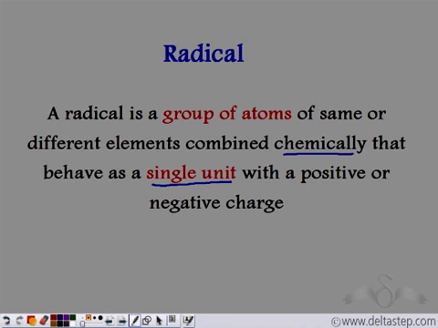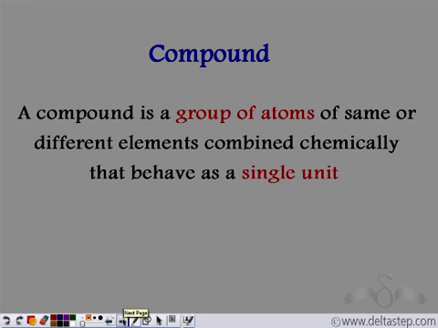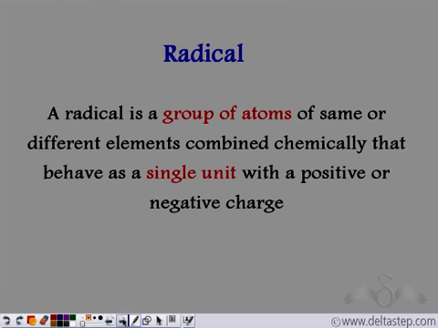Now, something like this sounds a little familiar. Where have we heard this before? A compound. A compound is again a group of atoms of the same or different elements combined together, and they also act as a single unit. So what's the difference between a radical and a compound? Well, in radicals, you saw that there was a positive or negative charge on the radical.